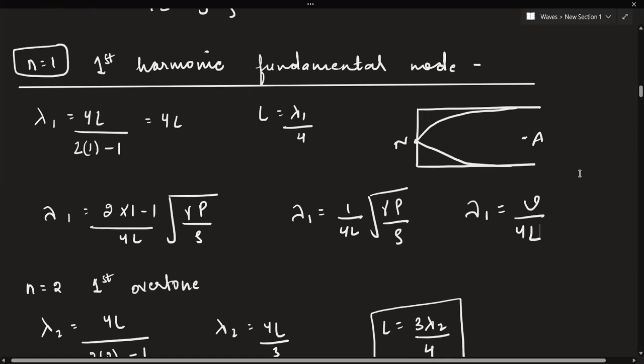Then comes the first overtone. So the first overtone is for which harmonic frequency? n equals 1 or n equals 2? 2. If I say the third overtone, then what should be the value of n? 4. Yes, because it starts from the second.